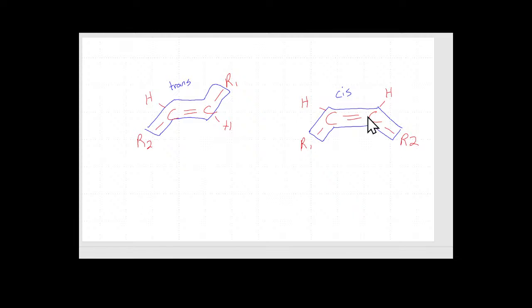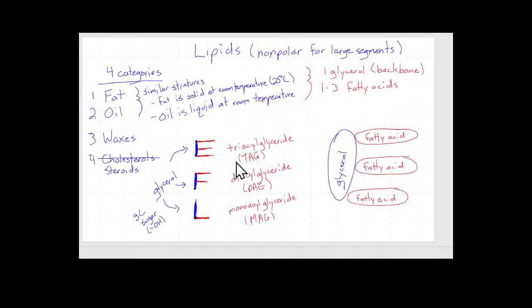Butter tends to have the cis conformation, and even though it was considered the unhealthy version back in the 80s, we now know it is far healthier to consume than fats that have these trans bonds in them.